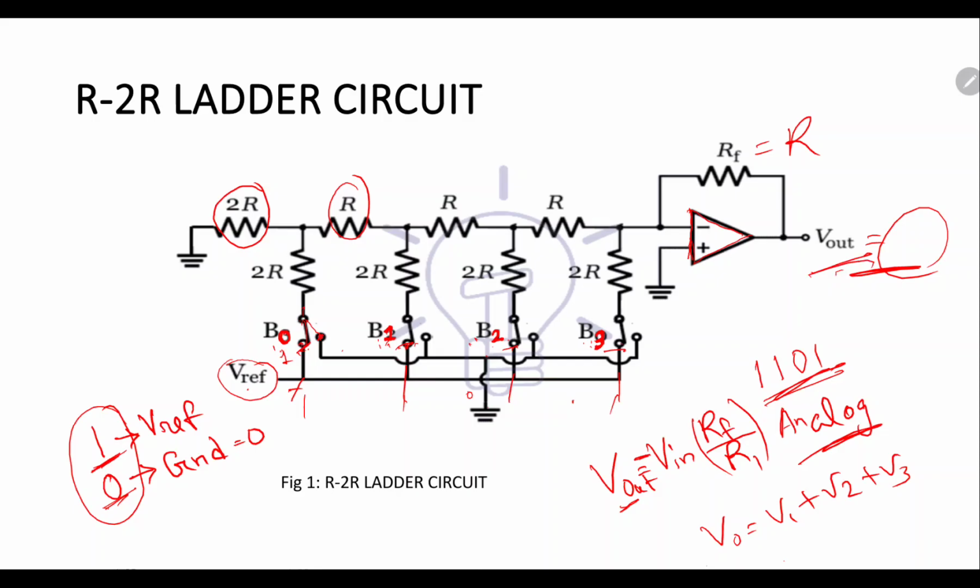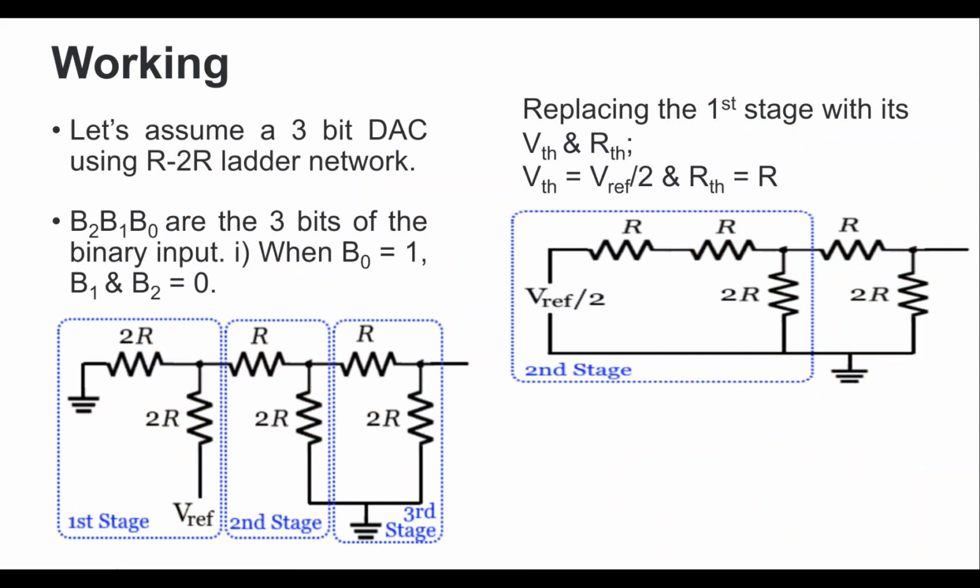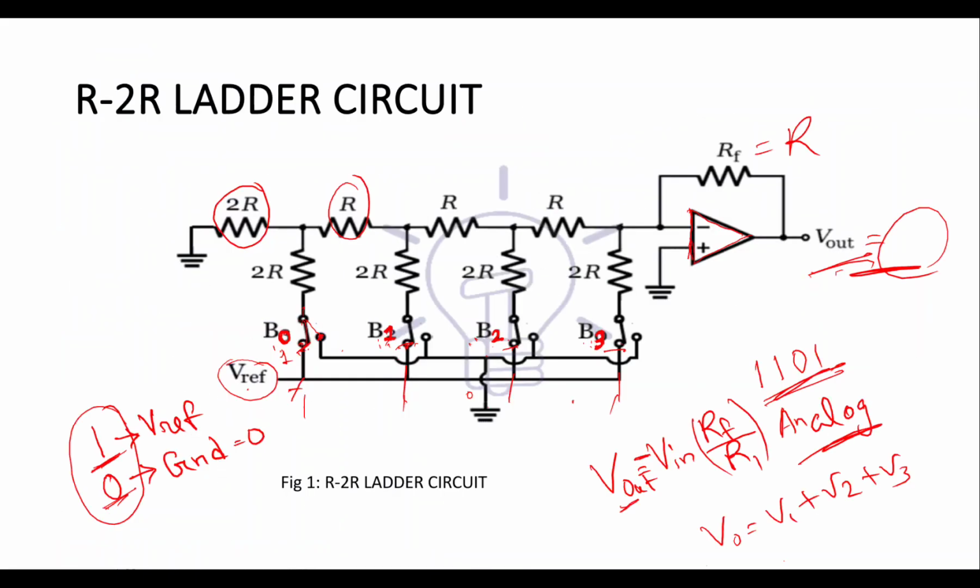Let us consider, in the upcoming slide, what I have shown: I have considered a 3-bit DAC. For the 3-bit DAC you will be getting 3 stages. If you look very closely, if I use a 3-bit DAC, I will be giving input to this terminal and this terminal. The last resistance value is 2R.